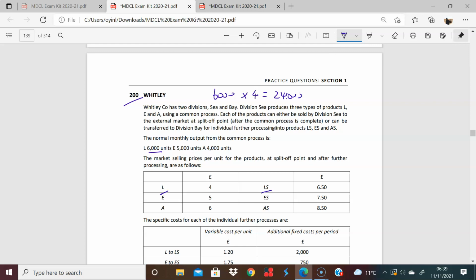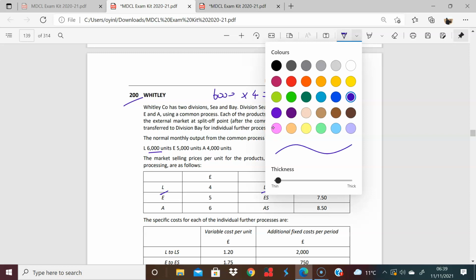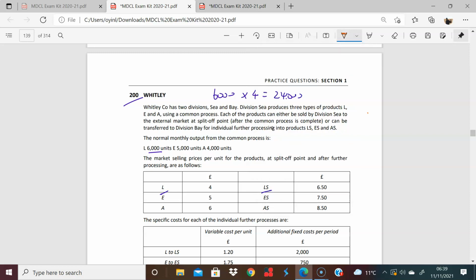Now, if I decide to go ahead, I'm going to lose 10% of L just because of the process cost, evaporation, the process itself. But it goes through a further process to become LS, and you can sell those for £6.50.